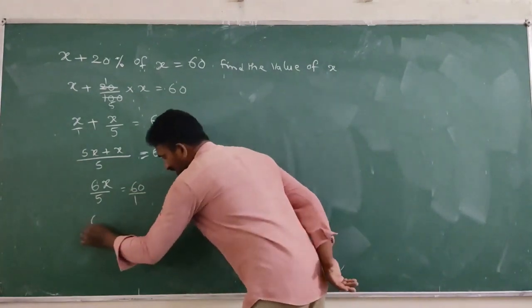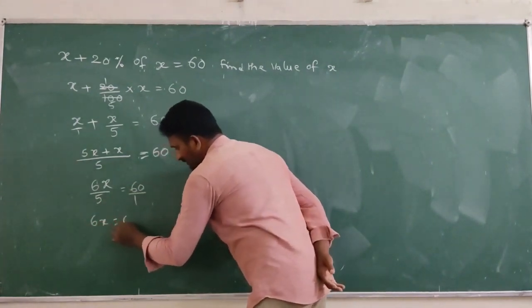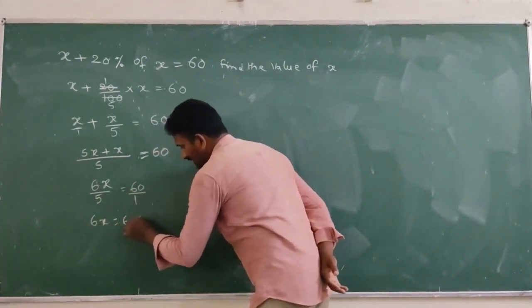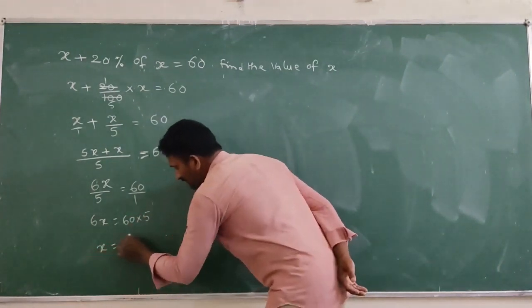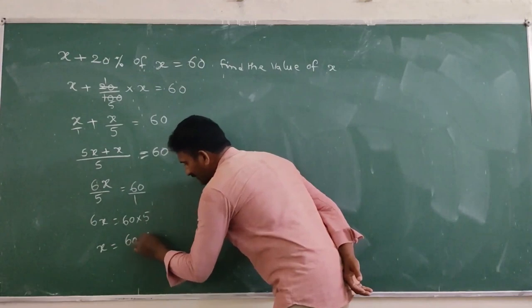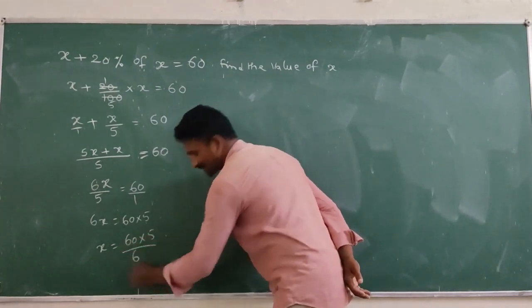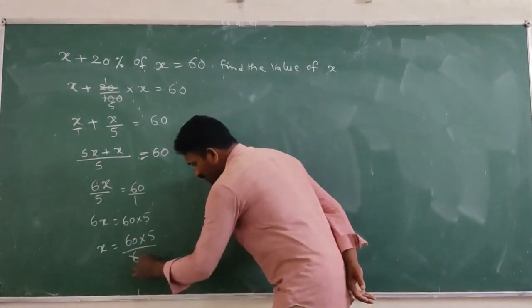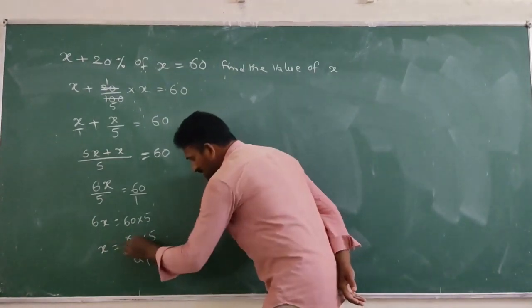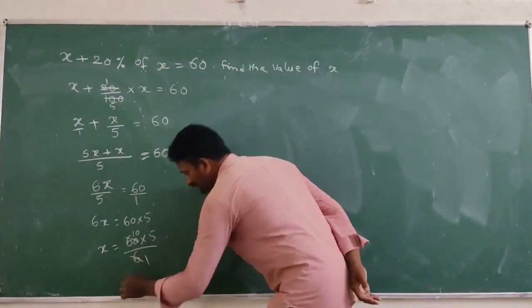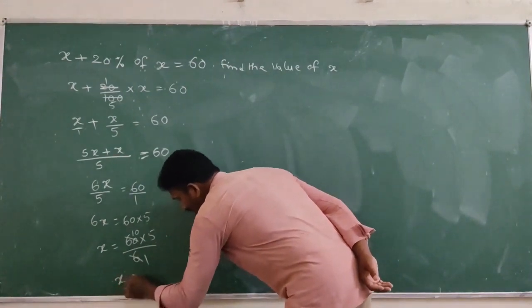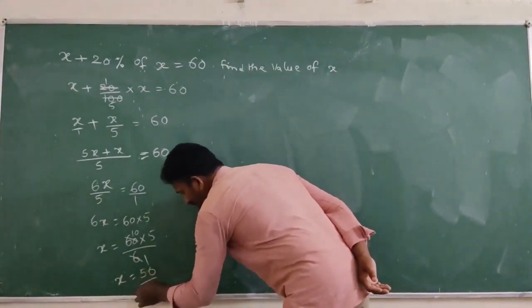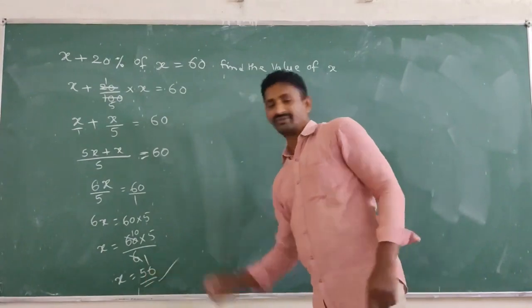Cross multiplication: 6x equal to 60 into 5. x equal to 60 into 5 by 6. 6 tens are 60, so 10 into 5 is 50. x is equal to 50.